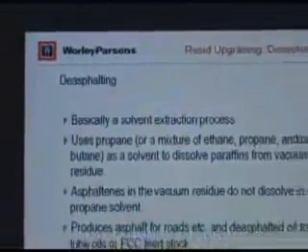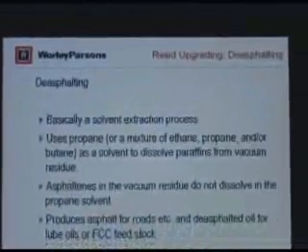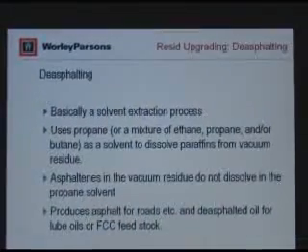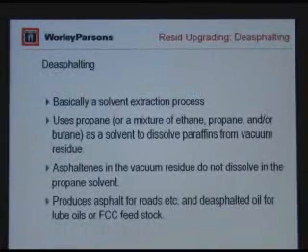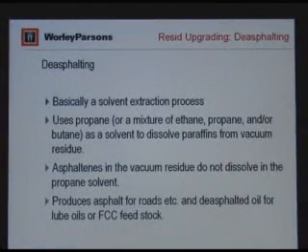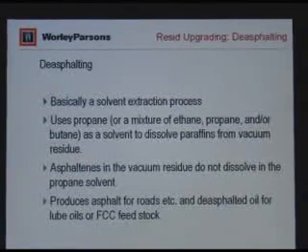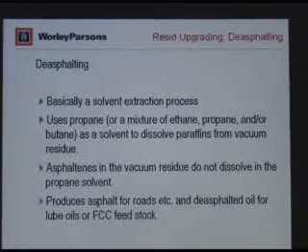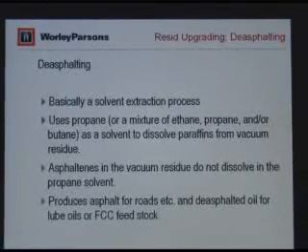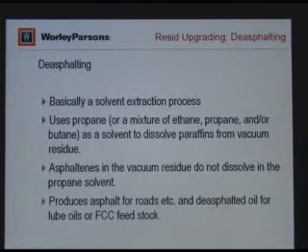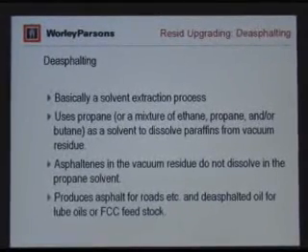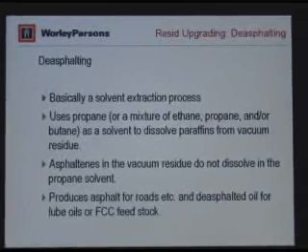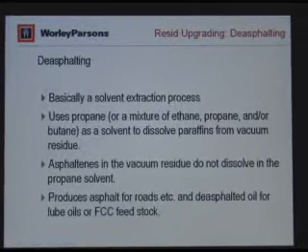Now the next process we're going to talk a little bit about is deasphalting. So we take the resid and we use what is basically a solvent extraction process. The solvent is either propane, or it can be a mixture of other similar materials, ethane, propane, butane.